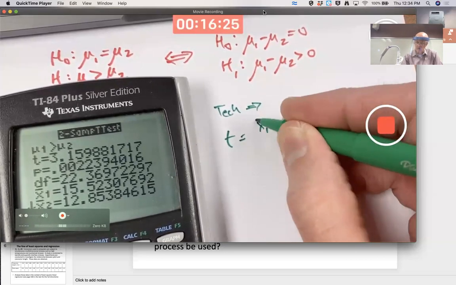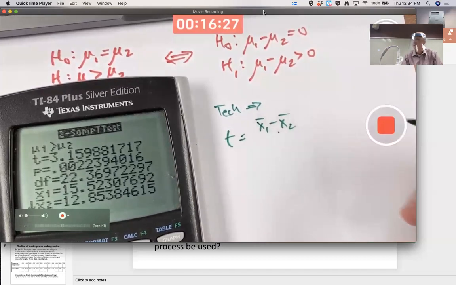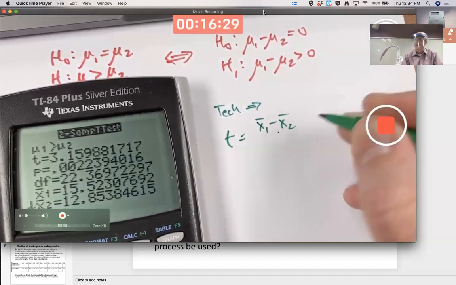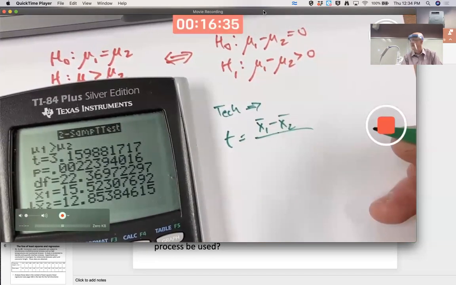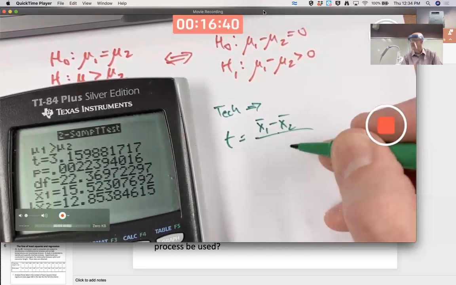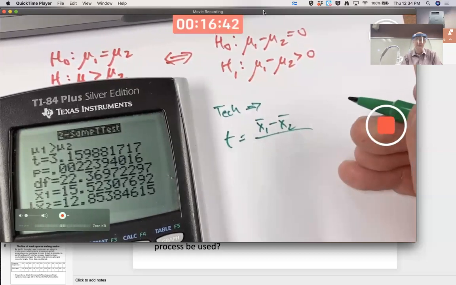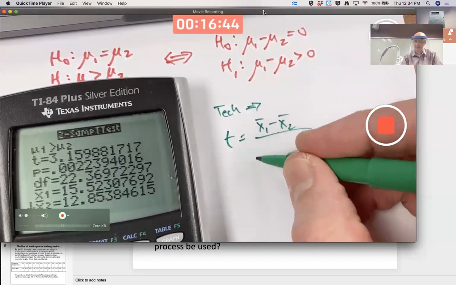It's x1 bar minus x2 bar minus 0, the null value of the difference, but minus 0 doesn't need to be written, divided by essentially a standard deviation or an approximation of a standard deviation of a sampling distribution.